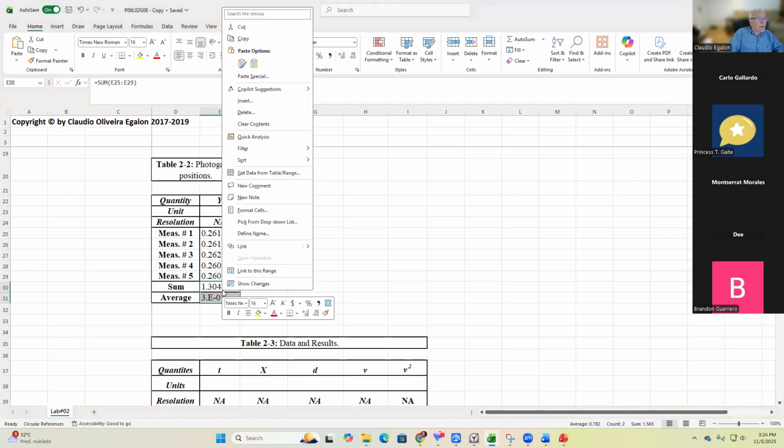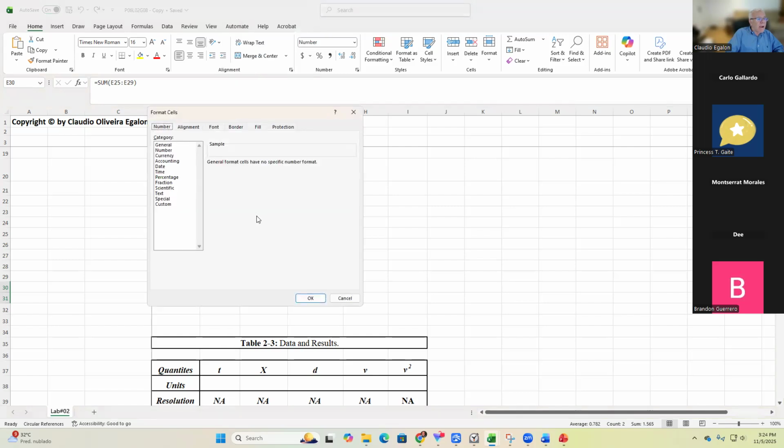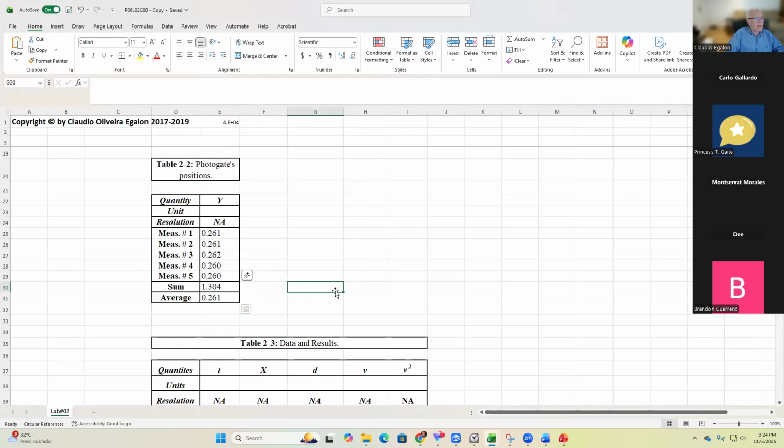And what's going to happen? You are going to end up increasing the number of significant digits. What was 3 significant digits here, 3 here, and 3, and so on, is now going to be 4 here because you gained a significant digit when you summed your previous measurements.